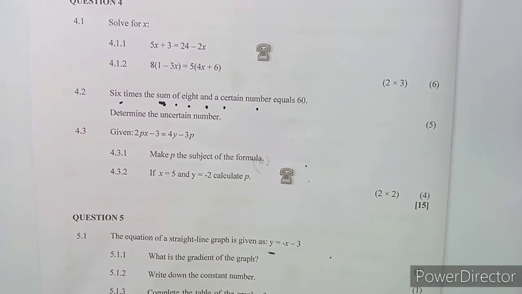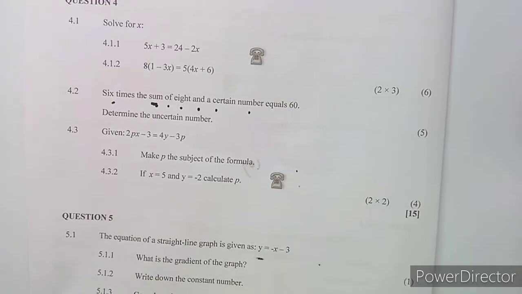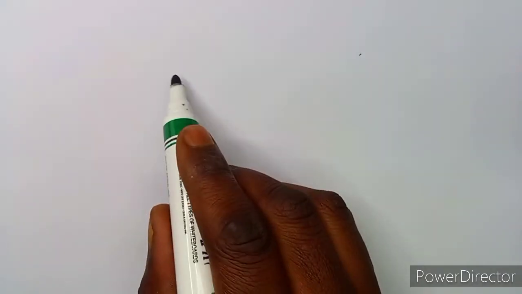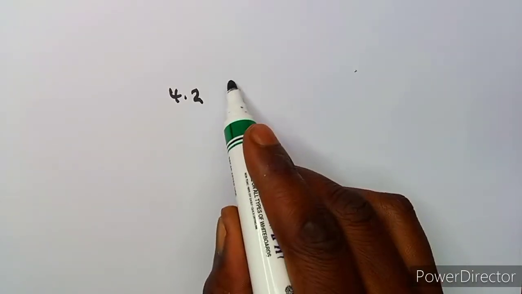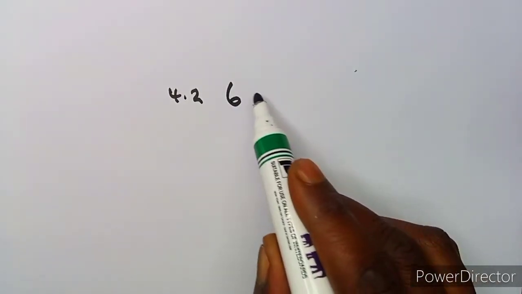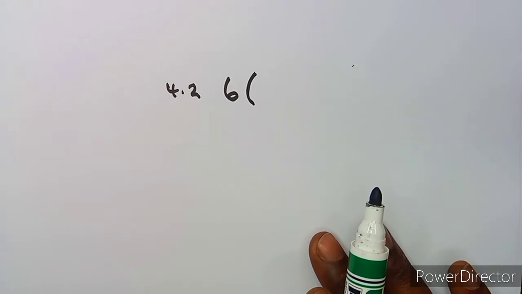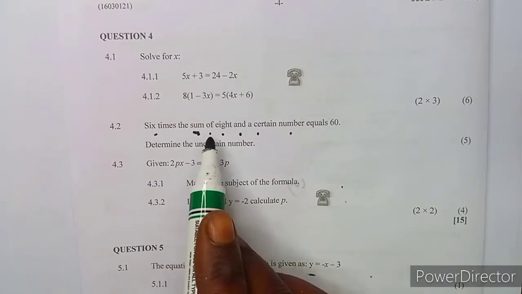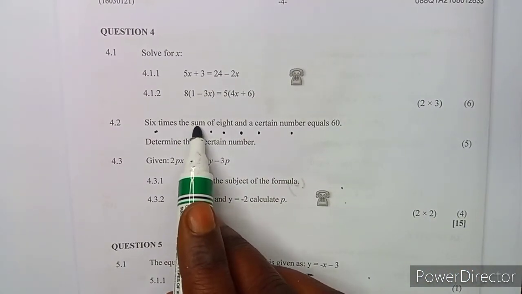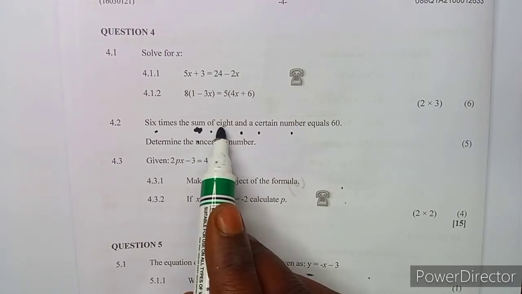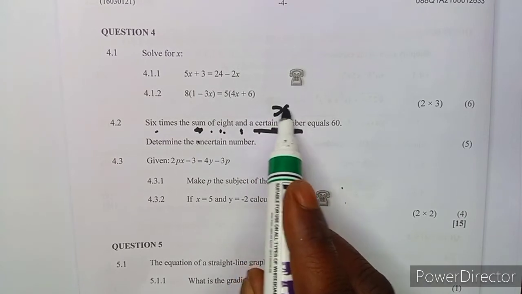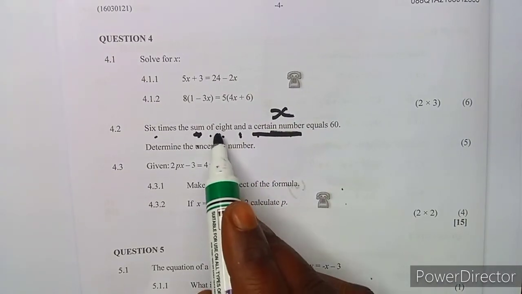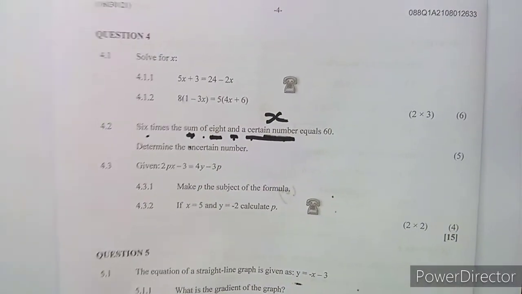So you have 8 and a certain number. 6 times means you're multiplying, so you can open a bracket like this. The sum means you are adding. What are you adding? 8 and a certain number. We don't know this number, so we can just write it as x. So it's 8 plus x, that is the sum.